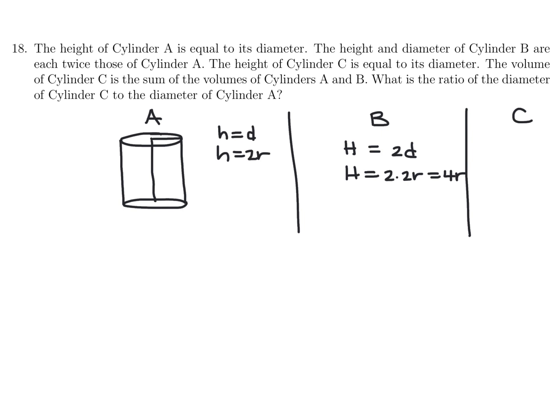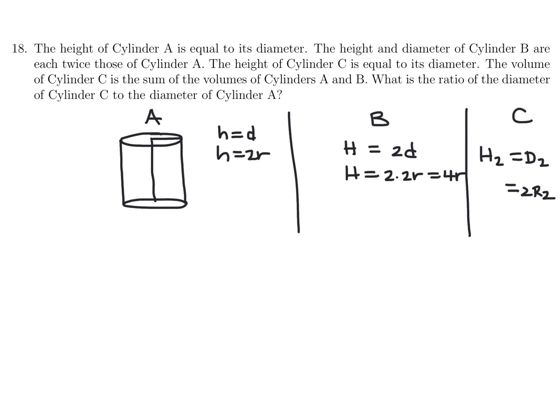The height is equal to its diameter. Okay. So this one I'll just call H2 and D2. And that's basically 2r2, where H2, D2, and R2 are the measurements of cylinder C. I don't know what they are, so I'll just label them like that.